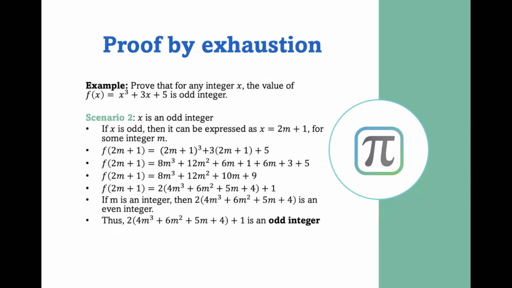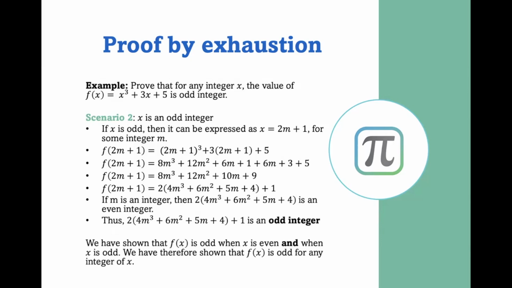But we have a plus 1 at the end. The output is an odd integer. And because we have shown that f of x gives us an odd number when x is even and when x is odd, we have therefore proved that f of x is odd for any integer x.